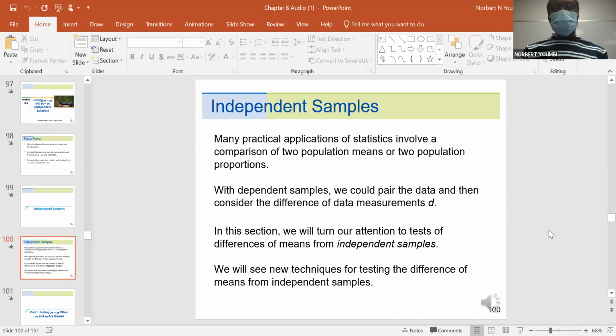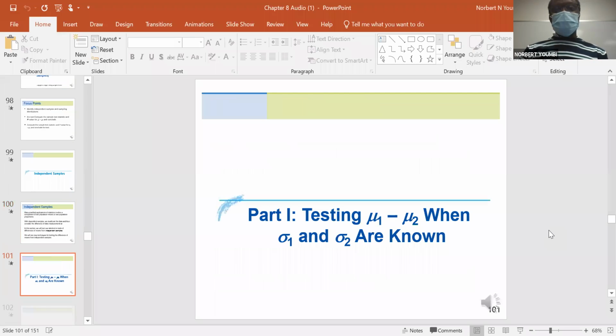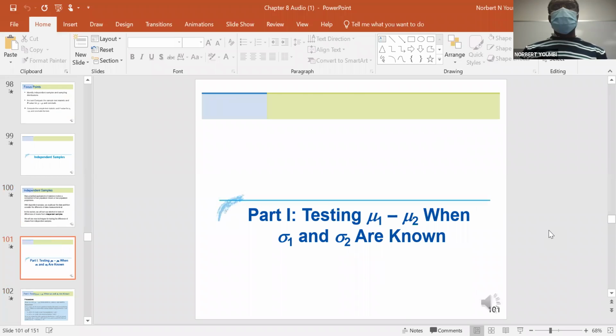We discussed before dependent and independent samples. When values are taken from the same individuals in pairs, we have dependent samples. Otherwise, we have independent samples. For independent samples, we can compare the difference of the means using the Z distribution when sigma for both populations is known. Otherwise, we will use the T distribution.